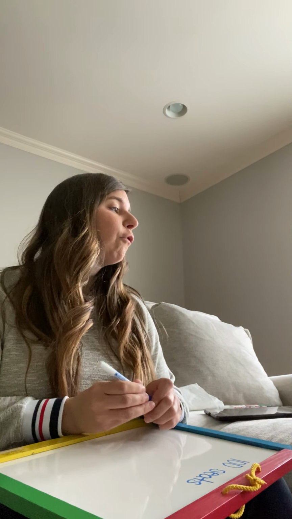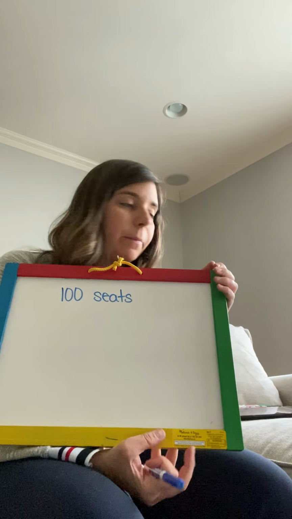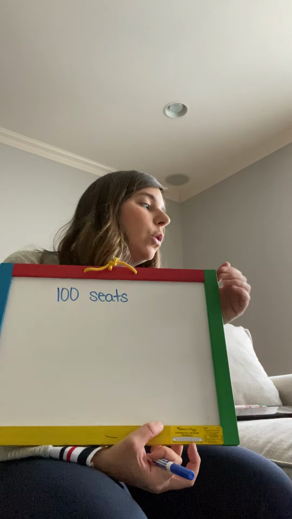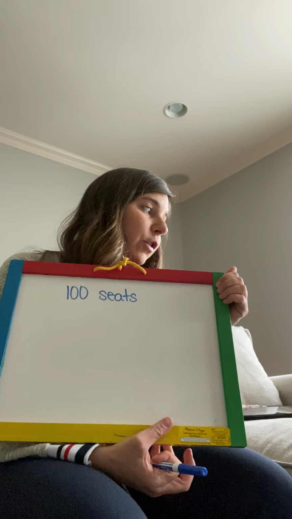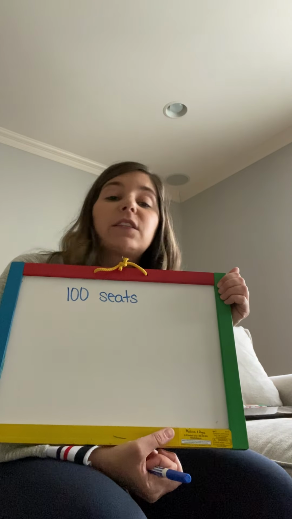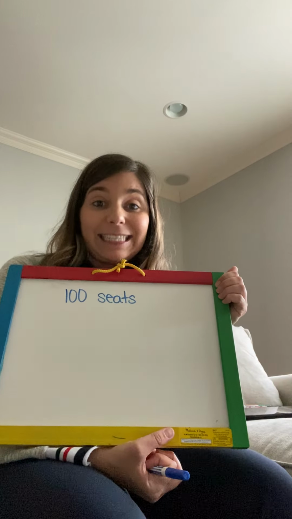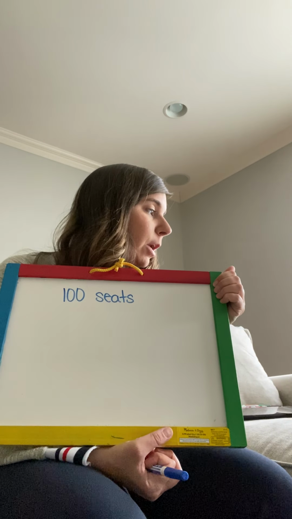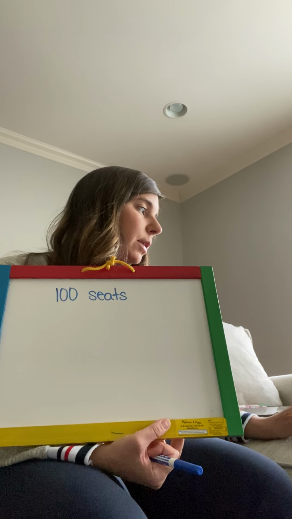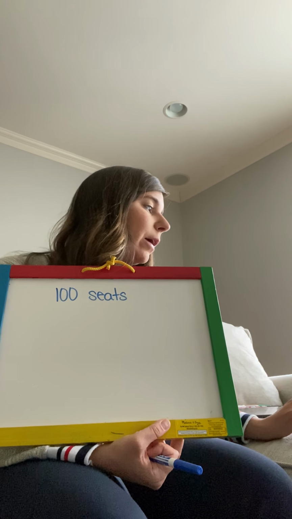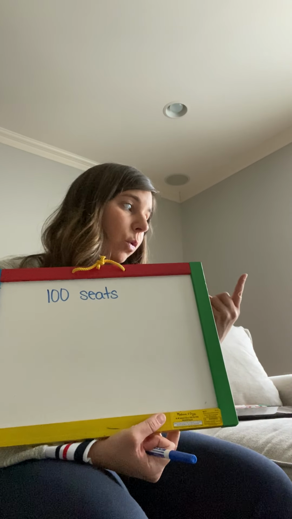4 schools are sending their children to a puppet show at the theater. The first school will send 21 children. The second school will send 13. The third school sends 42. And the fourth school sends 19. This story problem wants to know: will there be enough seats for all of these schools?